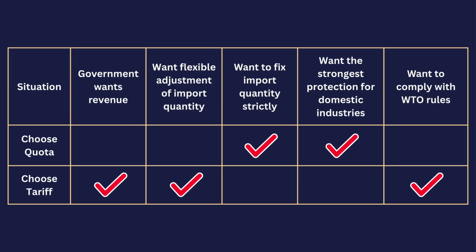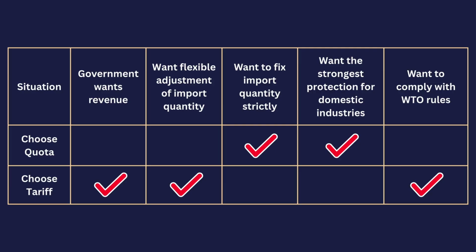Based on this form, we can see the different situations in which a country will choose to quota or choose to tariff. The first one is government wants revenue. If the government wants revenue, it will choose tariff. If it wants a flexible adjustment of import quantity, the government will choose tariff.